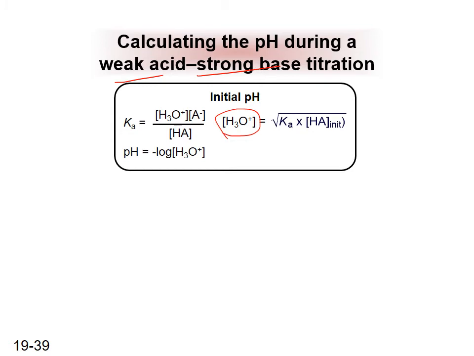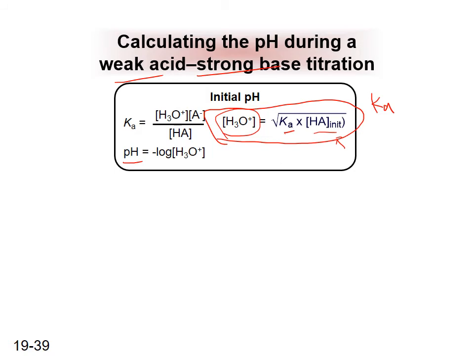However, if the acid is weak and Ka is a small number, then we already showed that the equation to calculate the hydronium ion concentration is the square root of the acid constant Ka times the initial acid concentration. This is a useful equation to remember for a weak acid. So it's the square root of the initial concentration times Ka, and then pH can be calculated. So that's for the initial pH.